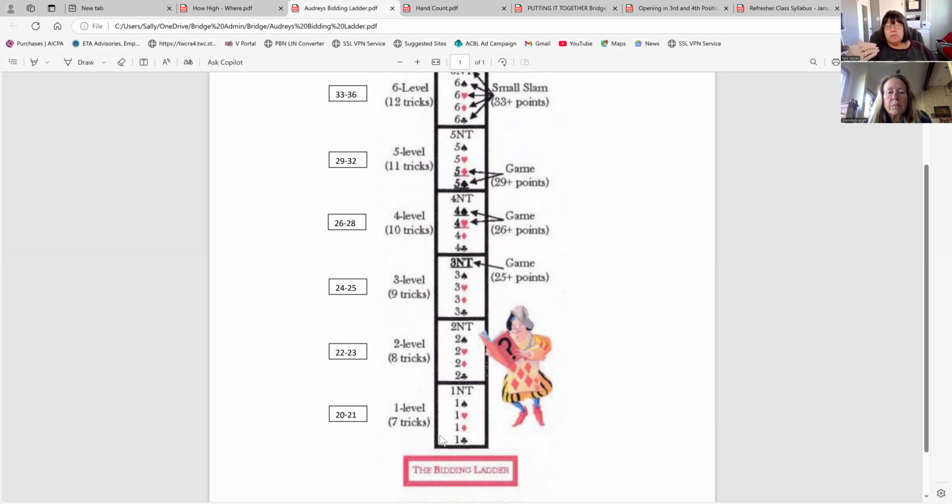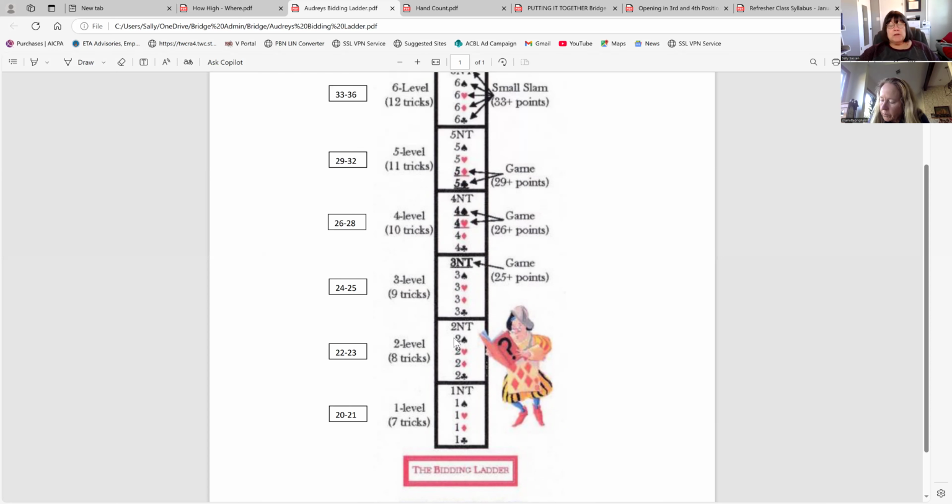If the total number of points in the deck is 40, because ace is 4, king's 3, queen's 2, jack is 1, that's a total of 10 in each suit. Suits times 4, 10 times 4 is 40. That's the number in a deck. If you just have 20 or 21, provided pretty evenly, it could be either person's hand. So you don't want to get off the 1 level unless you have a little bit more than that.